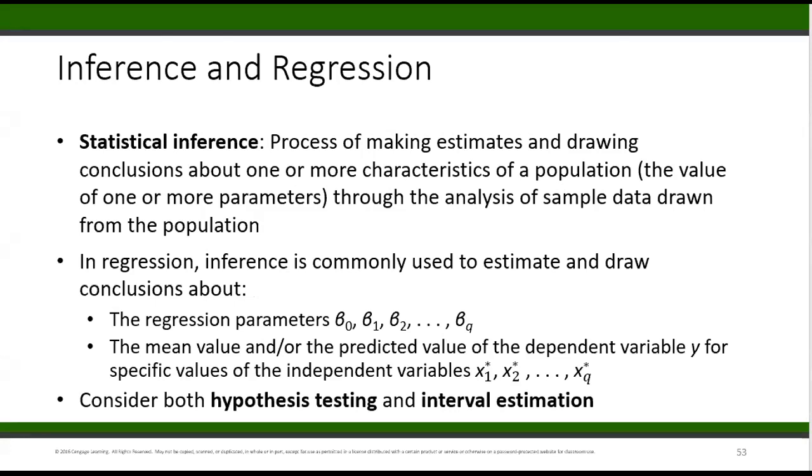So we want to make some conclusion about the population parameters, which in this case are beta 0, beta 1, beta 2, the population coefficients of the independent variables in the regression equation. So we want to make a general conclusion about those.